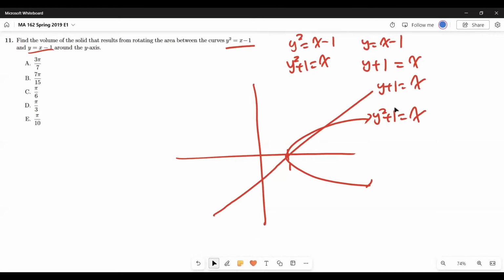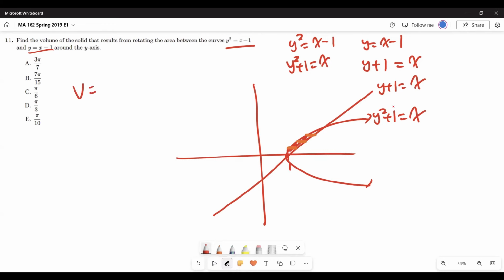So this is the region of the area, and whenever you find the volume of it, you have to find the height or the radius, like this yellow orange line. You need to find those lines to find the volume. I'm going to use the washer method for this question because I think it's easier.